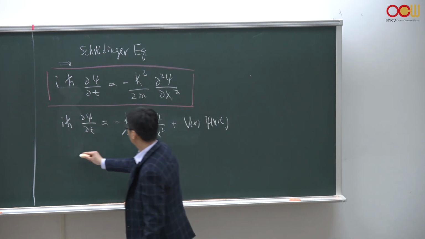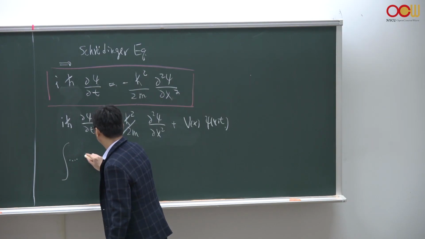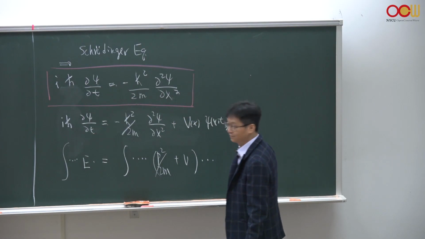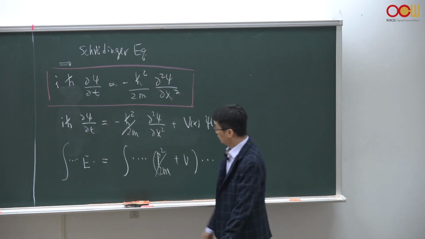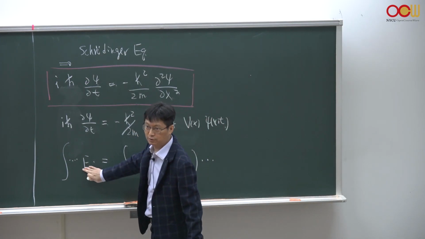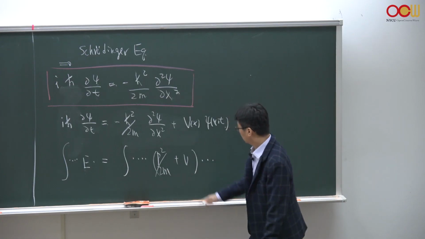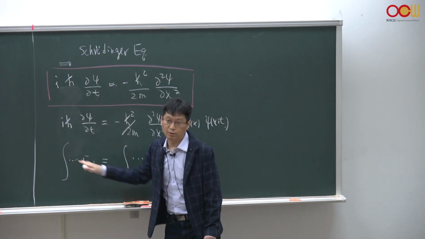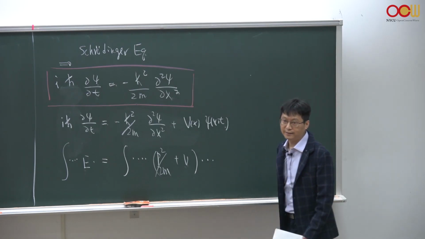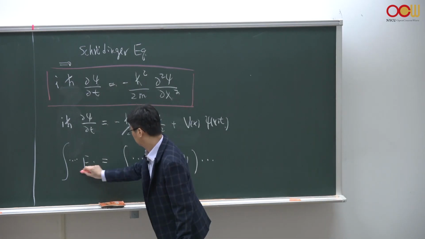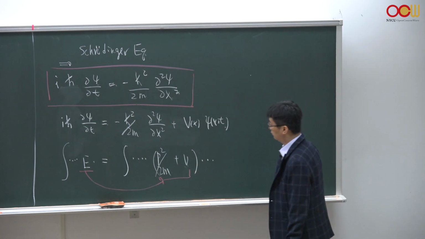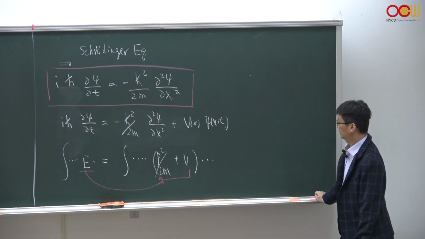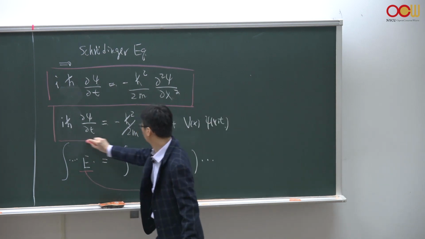And if you do compare this, you should get this kind of identity. Okay, on the left-hand side, you get energy, capital E. On the right-hand side, you get p squared over 2m plus V, and all the remaining parts of this integral are identical. As a result, this energy conservation is guaranteed, and the consequence of that is this Schrödinger equation.